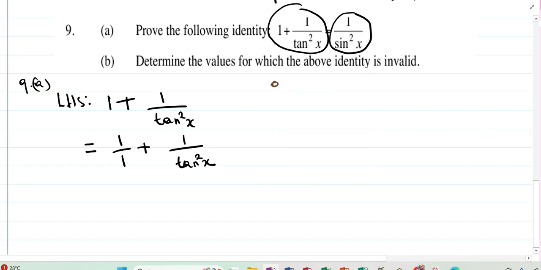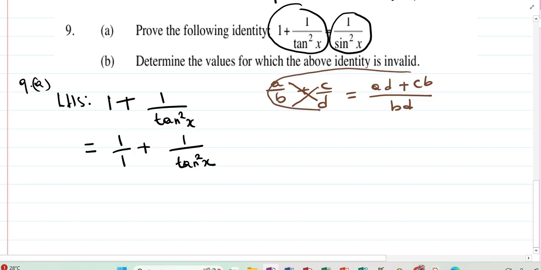It says a over b plus c over d will always be equal to, you multiply the denominators, they give you bd, and then you cross multiply the numerator and the denominator, it will be ad, you keep the middle sign, and then you cross multiply these ones, they give you cb. So I'm going to apply this method into simplifying this problem right here.